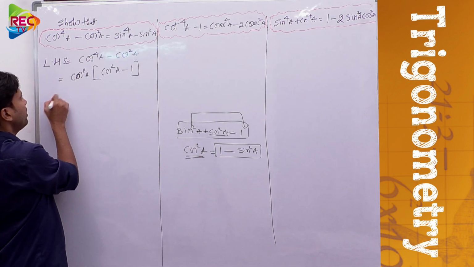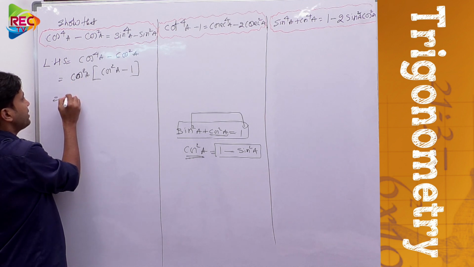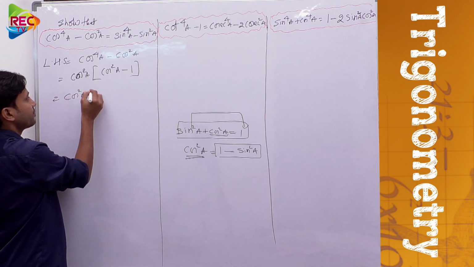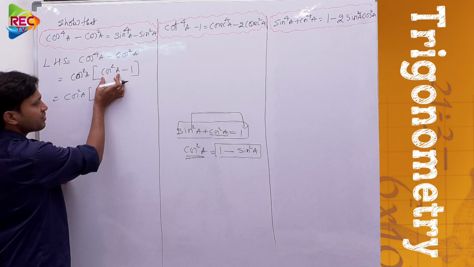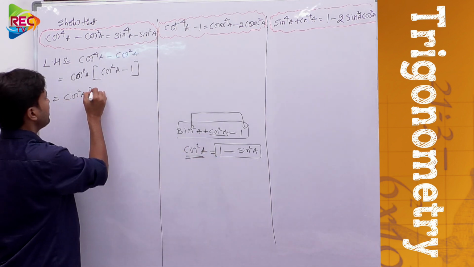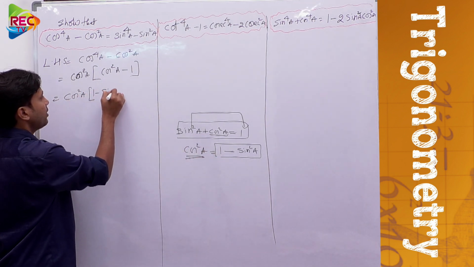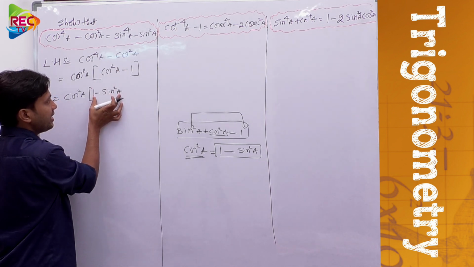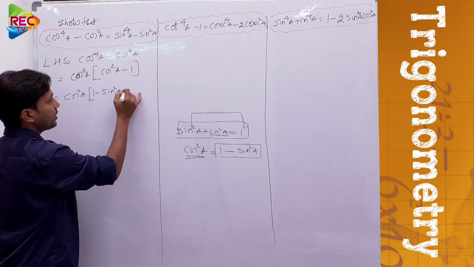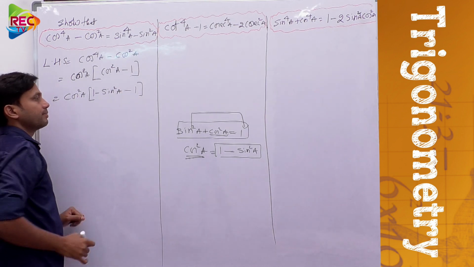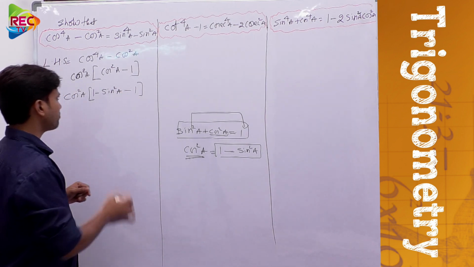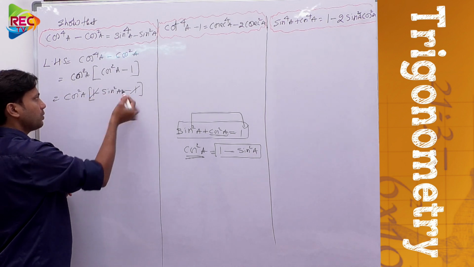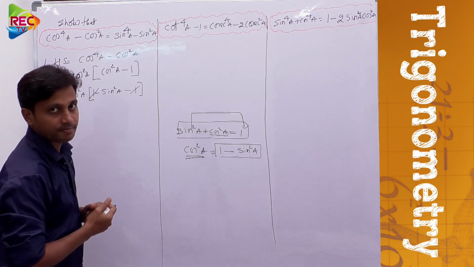Just write it down. Write down cos square a as it is, into, here cos square a can be written as 1 minus sin square a, from the basic trigonometric identity. Now put minus 1 here. Minus 1 plus 1 are cancelled.